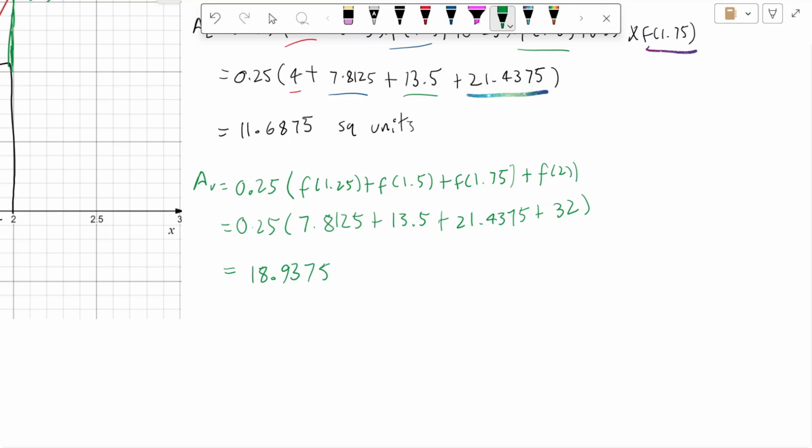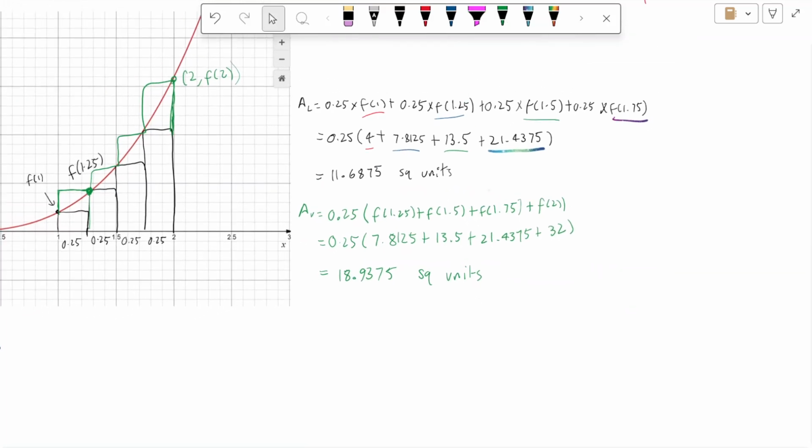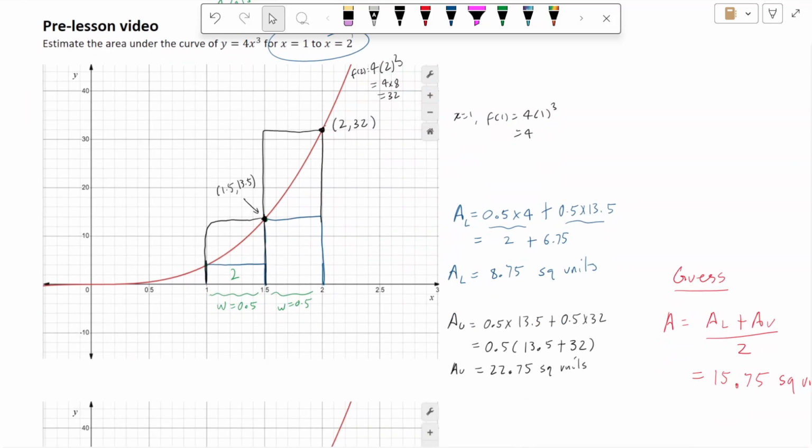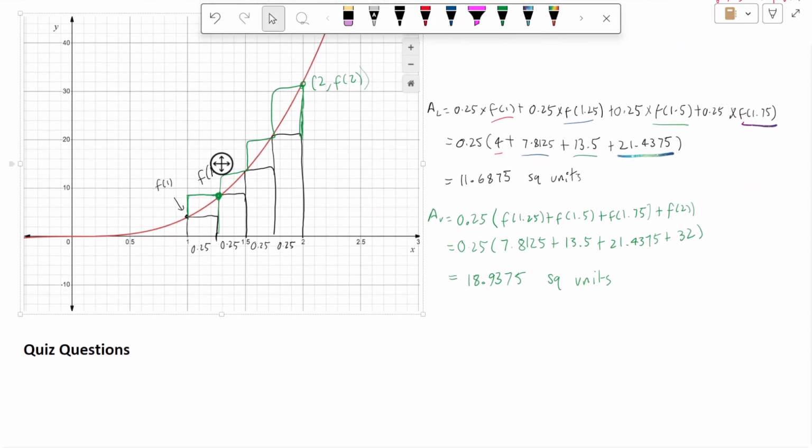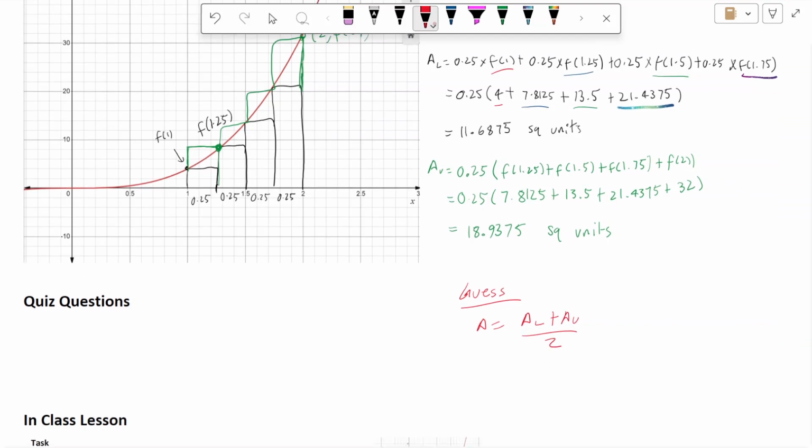You might notice that these guesses are a lot closer than the first guesses. The reason being, because we've taken more rectangles, we're getting closer to the red line and closer to the true area. So my guess is that the area would be the average, so area lower plus area upper over 2.